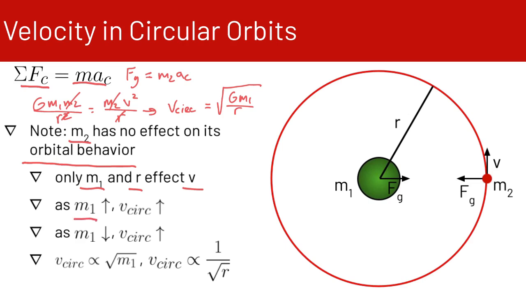As m1 increases, the velocity of the circular orbit increases. As m1 decreases, the velocity decreases. And then we can see here that the circular orbital velocity is proportional to the square root of the mass, and the velocity of the circular orbit is proportional to 1 over the square root of the radius.